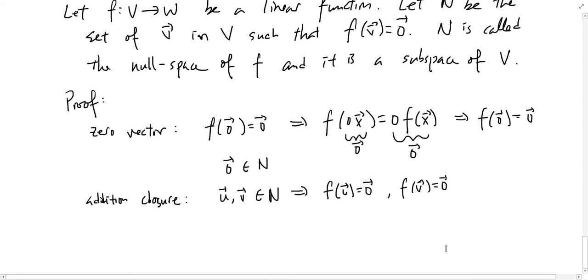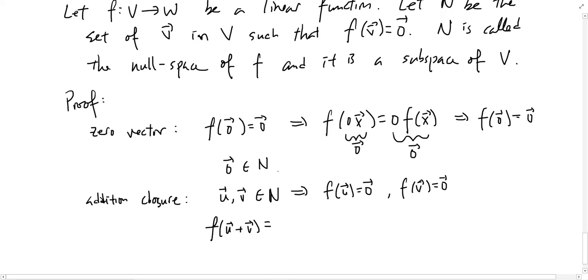Now let's show that u plus v is also in the null space. I'm going to try to find f of u plus v and find out what it is.